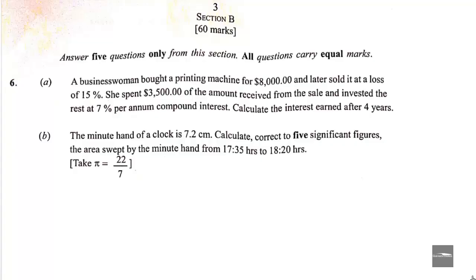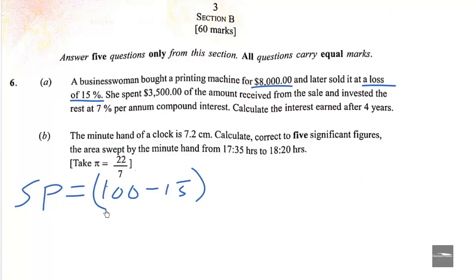So the selling price was 85% of the cost price. Selling price is equal to 85% because it was sold at a loss of 15%. 100 minus 15% will be equal to 85%.